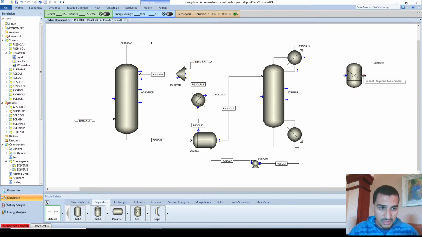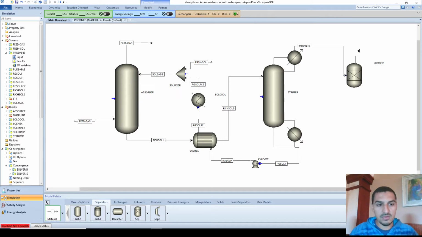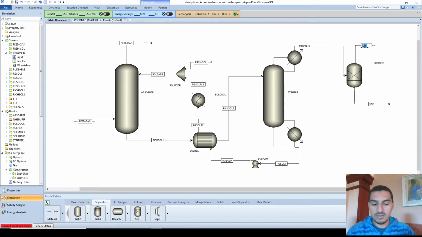And of course you have to have at least two outlet streams, otherwise the unit will be useless. So I'm gonna have these two outlet streams. I'm gonna call one, for instance, pure ammonia, and I'm gonna call the other stream the air and water.